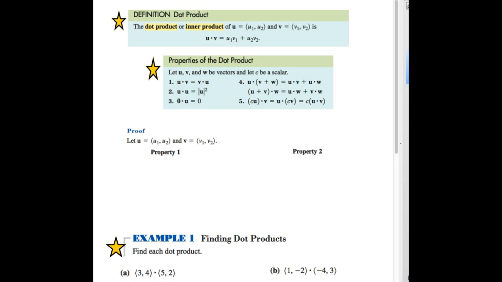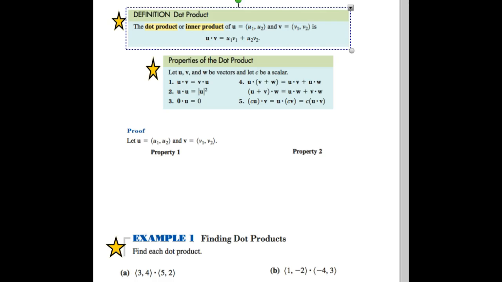Dot product. This is really difficult, so you need to pay close attention here. Okay? The dot product, or inner product, of two vectors is first component times first component plus second component times second component.